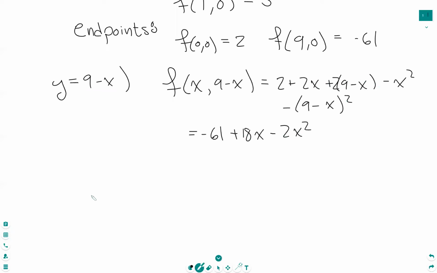Okay, so now the extrema are, so we take an x derivative. If you solved for x and plugged it in here, then you would have a function of y, and you can take a y derivative instead. But notice either way, we still have a function of only one variable. So we go ahead and take an x derivative.